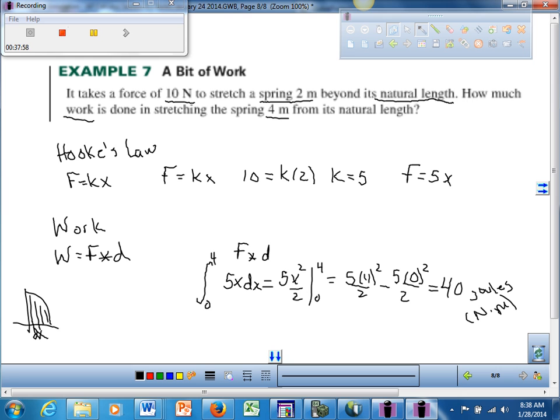So from, first I was talking about, if you've got the area under the curve, or maybe it's an H problem.